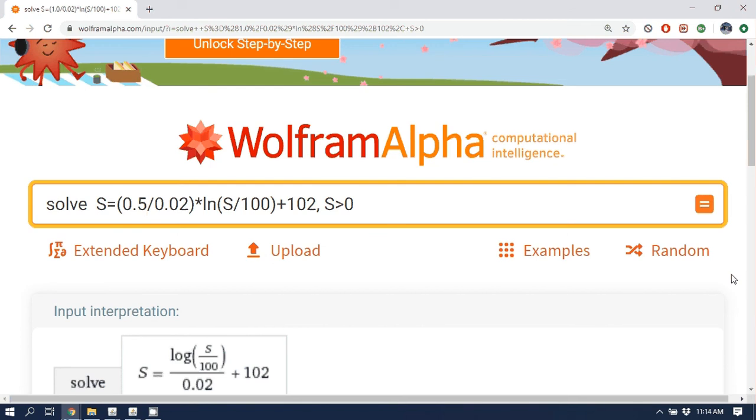So I already entered the equation in Wolfram Alpha. You may want to help Wolfram Alpha a little bit by specifying that you're looking for a variable which is positive. And just enter solve and the equation. So let's see, I want to run the examples I did in the previous part. We're going to keep lambda 0.02 and let's play with the recovery.